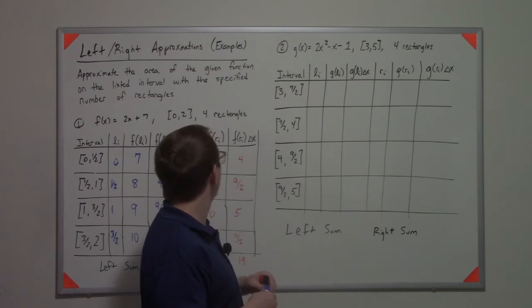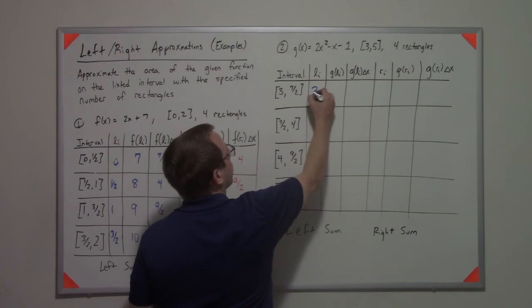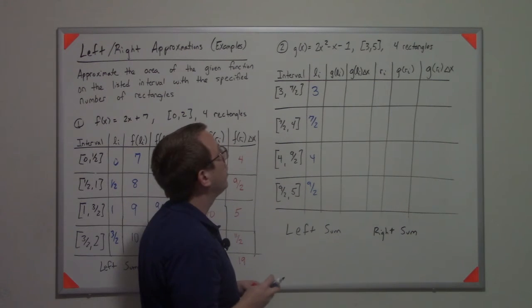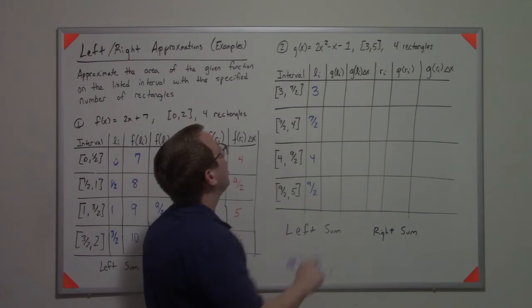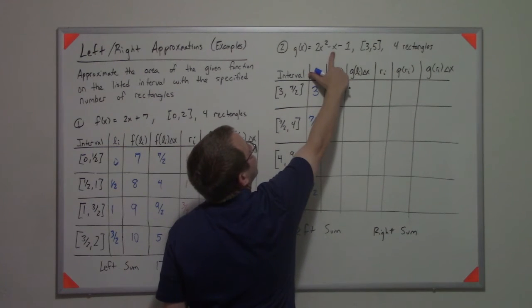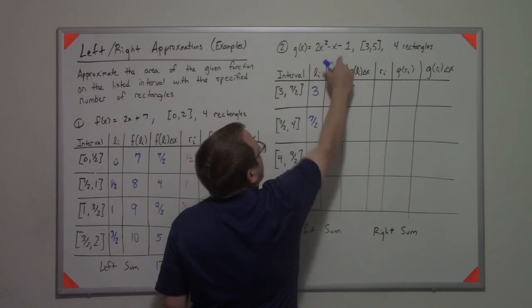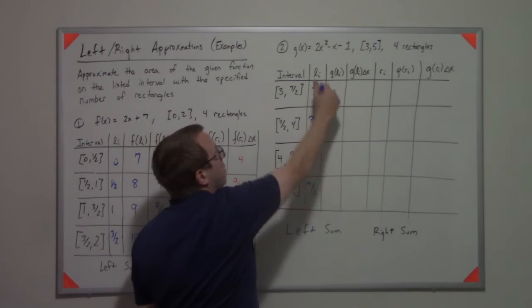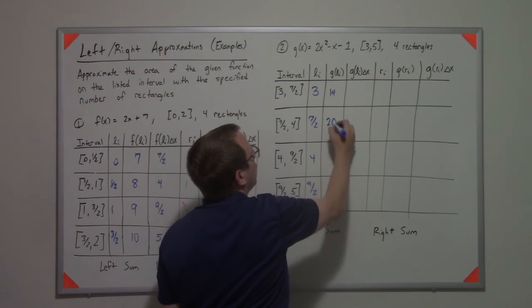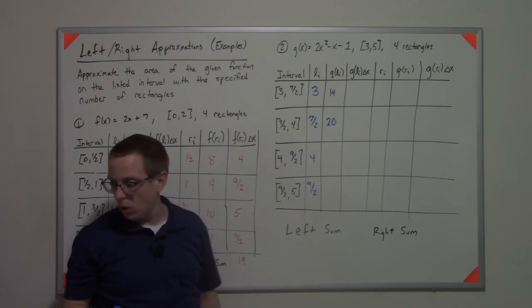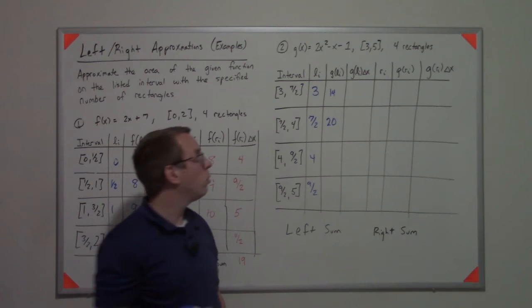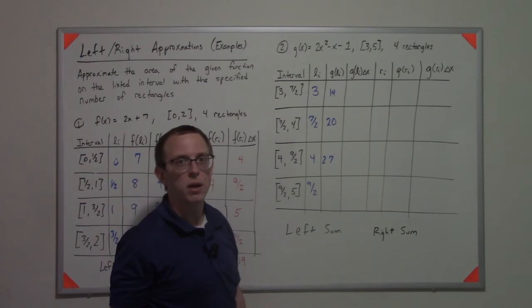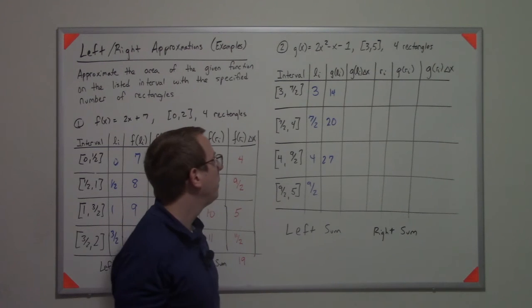So when I take the lower end, that's going to be 3, 7/2, 4, and 9/2. When I take the function value at 3, I get 14. If I take 7/2 and plug it in, I get 20. If I take 4, I get 27. I did this on a computer to try to make sure I didn't make a lot of mistakes, but this is a lot to plug in on the fly.